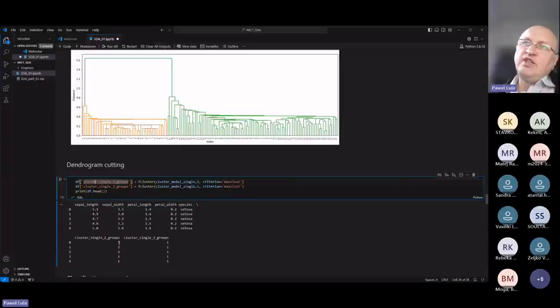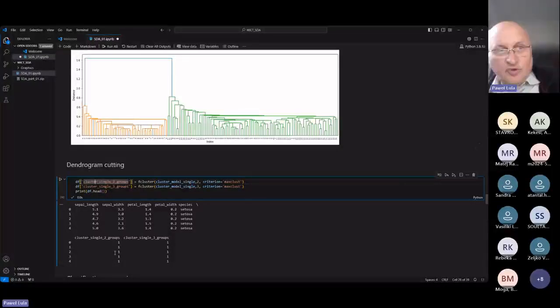And the results we see here. We have values 1 or 2 in this column. These values, 1 or 2, represent clusters to which objects were assigned.